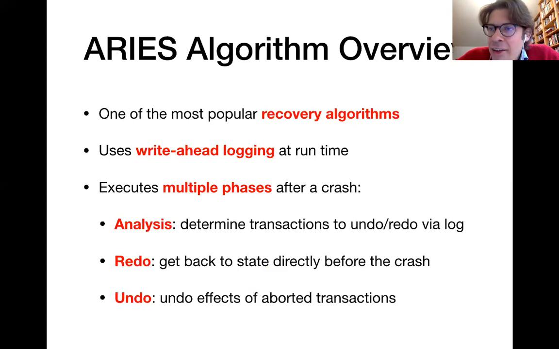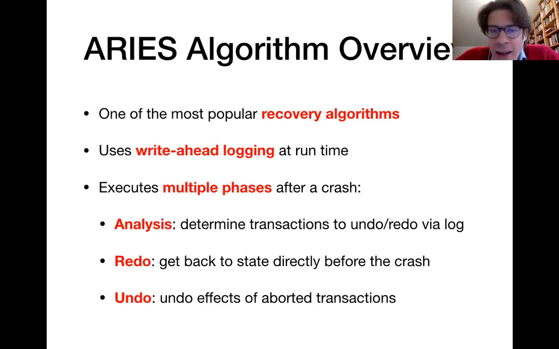And after we boot the system up again after a crash, this ARIES algorithm will perform three recovery phases. It first of all will analyze the last log entries that it finds on hard disk in order to decide which transactions need to be undone and for which transactions we need to redo data changes.